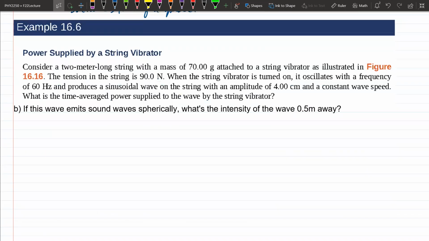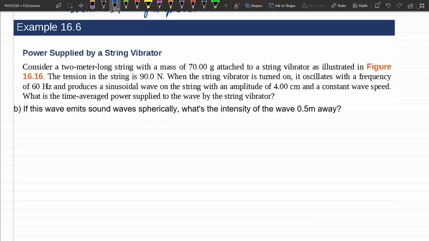We're going to have a little wave on a string example. We have a 2 meter long string that has a mass of 70 grams. As soon as I read this, I'm thinking, why are they giving me the length and the mass of the string? It doesn't directly tell me something I need, but indirectly it tells me the mass density.